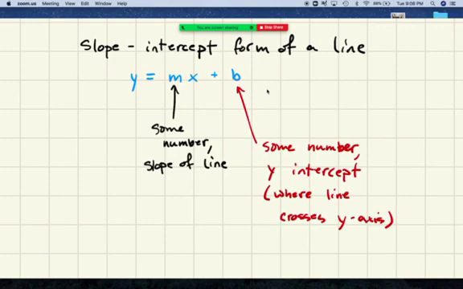Normally what you'll see, for example, would be y equals 3x plus 4. In this case, the slope, m, would be just 3 because it's the thing in front of the x, not including the x. The slope is 3, and the y-intercept is just positive 4 because it's a 4 there.